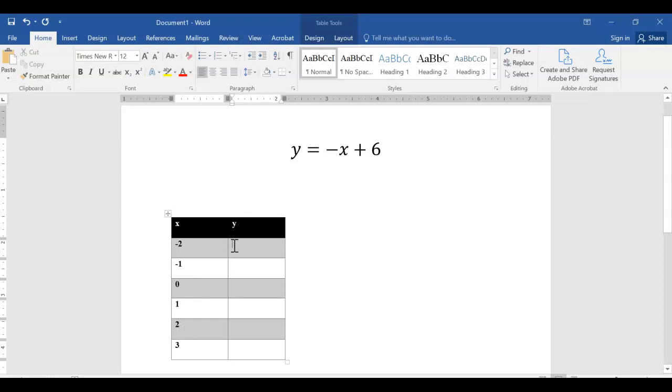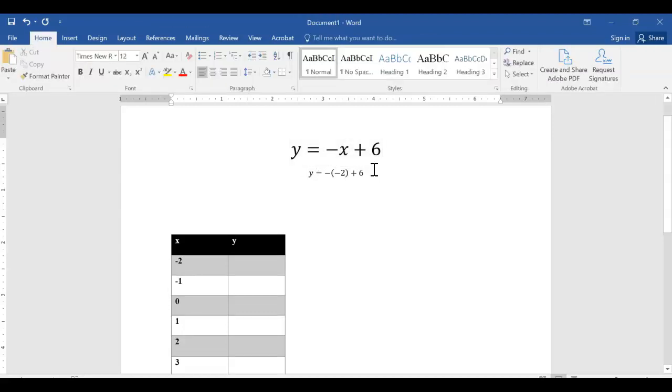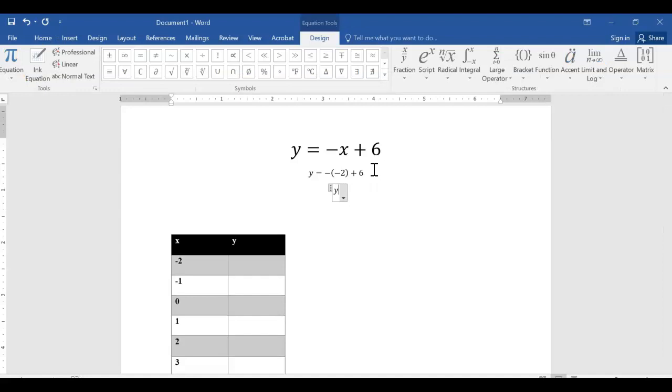Now, in order to get each corresponding y value, if I picked an x value of -2, what I'm going to do is plug in -2 into y equals negative x plus 6, and then evaluate that. What you get out is y equals 8.